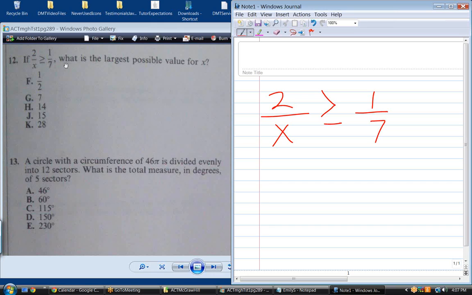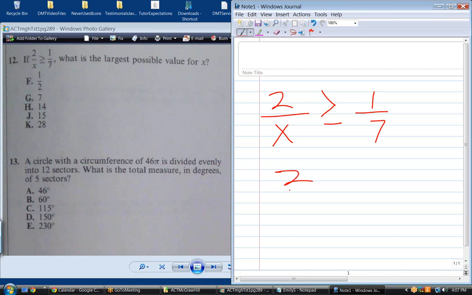So when the question is, what is the largest possible value of x, where should we start? Common denominators? No, with the largest possible answer. All right, then 28, the largest one.